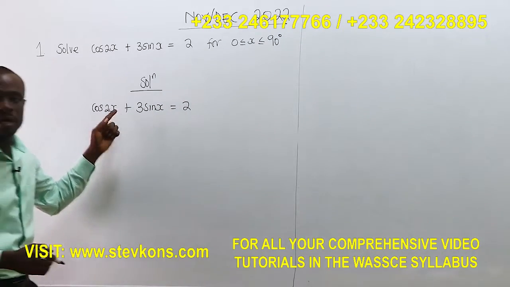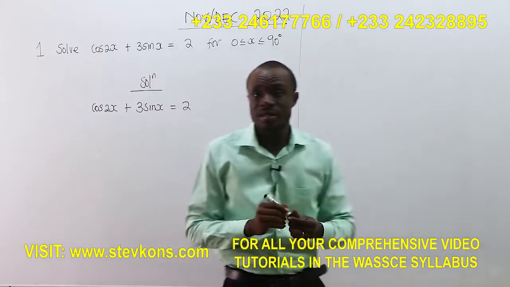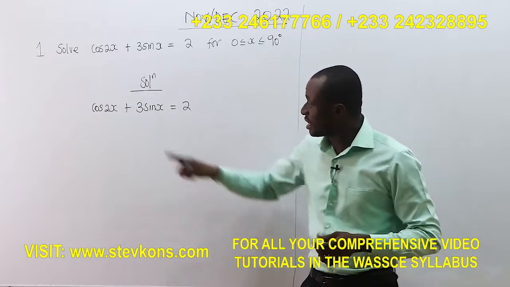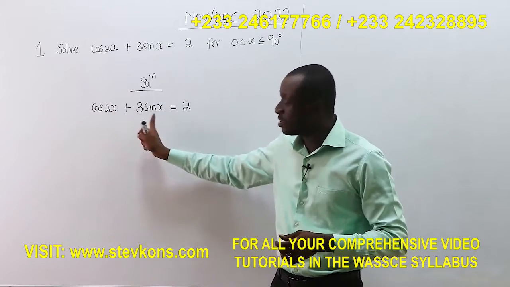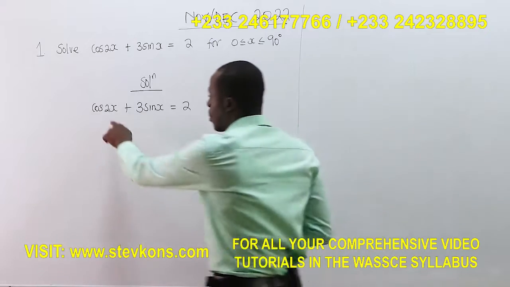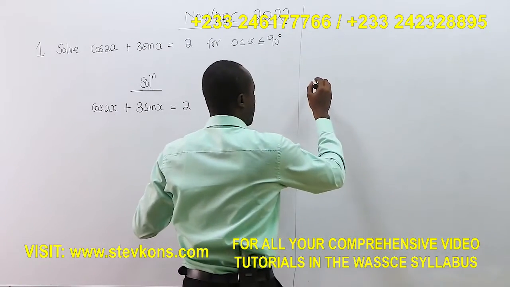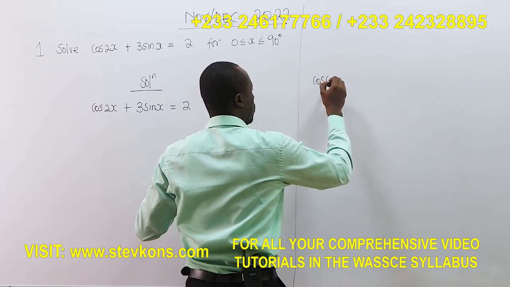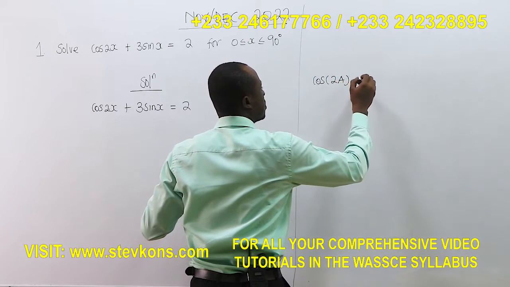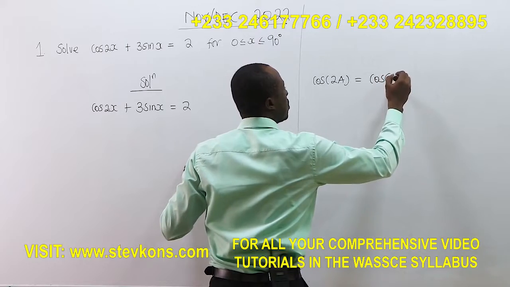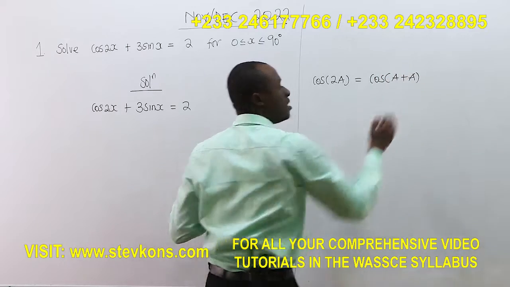Now cos 2x, we can write it in terms of sine. Cos 2x is a double angle. So let's consider cos 2a, this is the same as cos of a plus a.